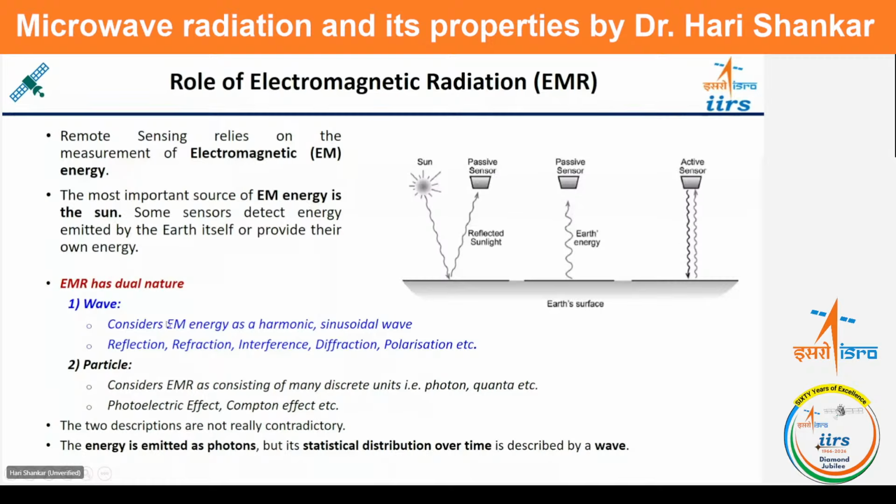From the wave nature, the energy is explained as a harmonic or sinusoidal wave. So there is no particle. Basically the movement of the electromagnetic radiation is in the form of a wave. Because of this nature, many processes we can explain, like reflection, refraction, interference, diffraction, and polarization. All these processes are explained with the help of the wave nature of the electromagnetic spectra.